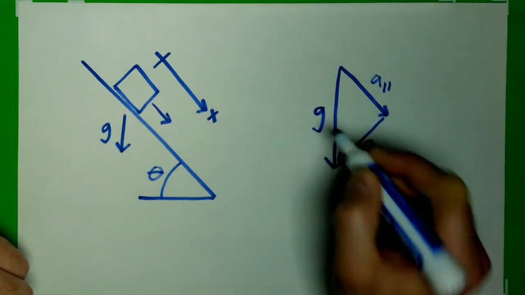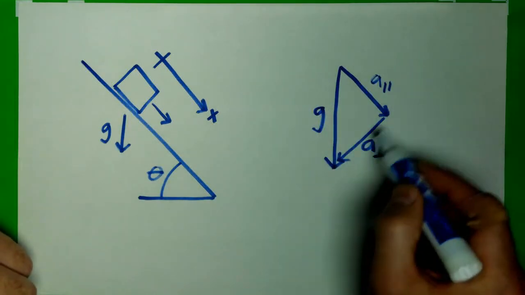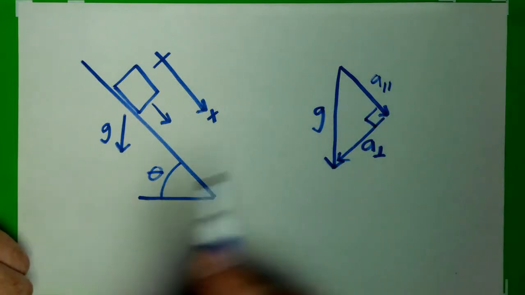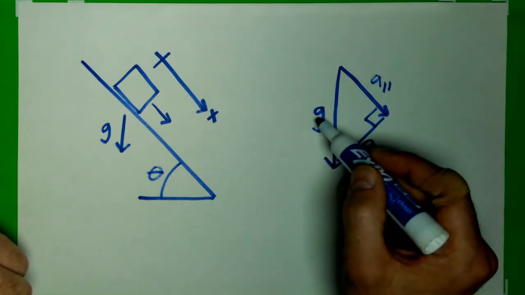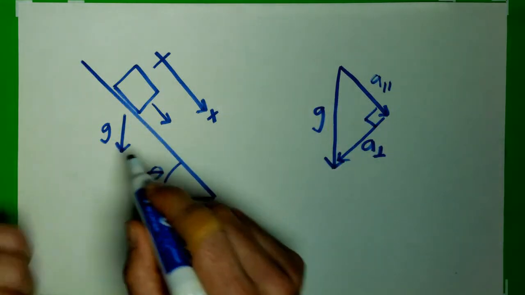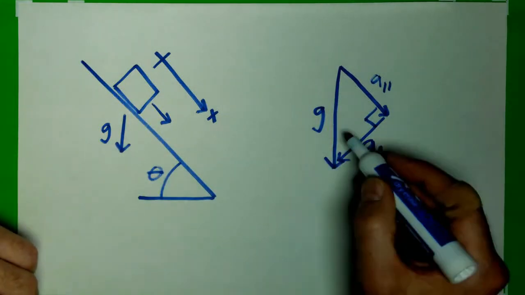Okay, and there's a relationship by the fact that this is a right triangle. These two come together at right angles to relate this side to g. Now, it might not be obvious from the geometry here, but I'll leave it to you to explore that.